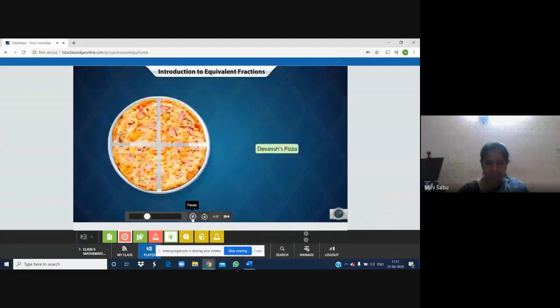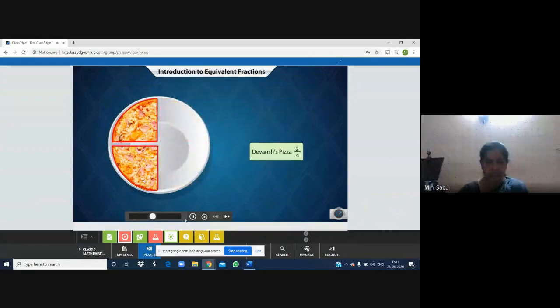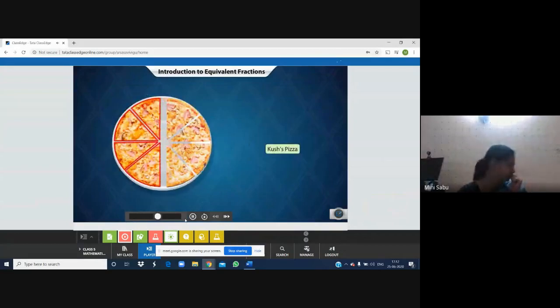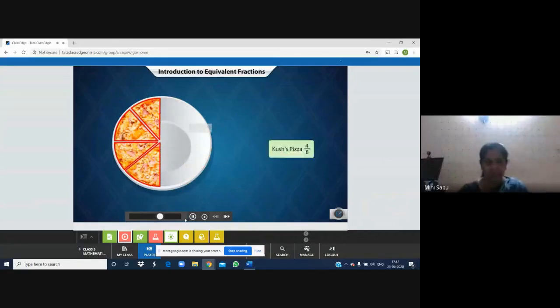Devansh divided his pizza into 4 equal parts and ate 2 parts. Thus, Devansh ate 2/4 or 2/4 of the pizza. And Kush divided his pizza in 8 equal parts and ate 4 parts. We can see that Kush ate 4/8 or 4/8 of the pizza.